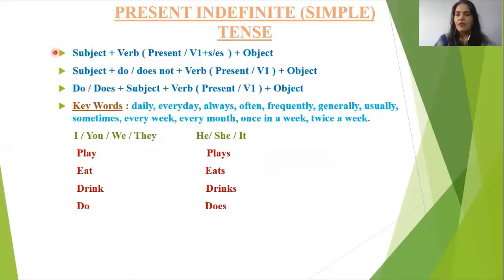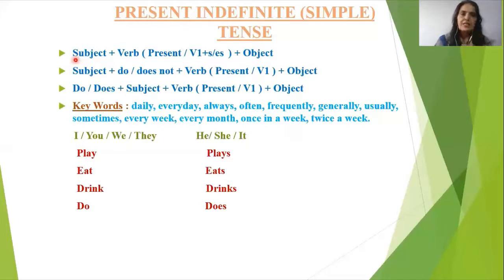Yes, if we are aware of the structure, it is very easy for us to frame any sentence after understanding its category. If we understand its category, whether this is present tense or simple tense, of course we can frame the sentence on this basis.